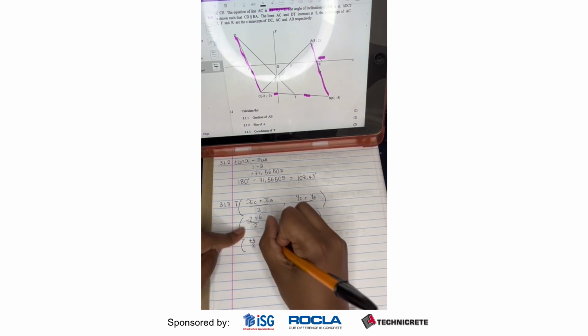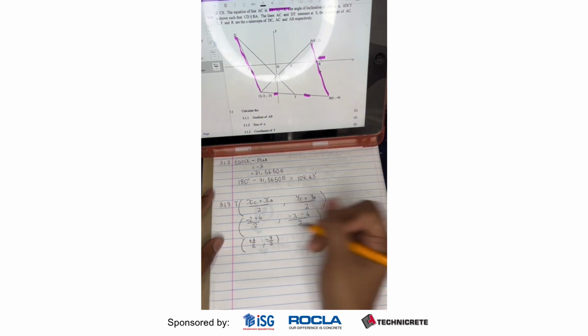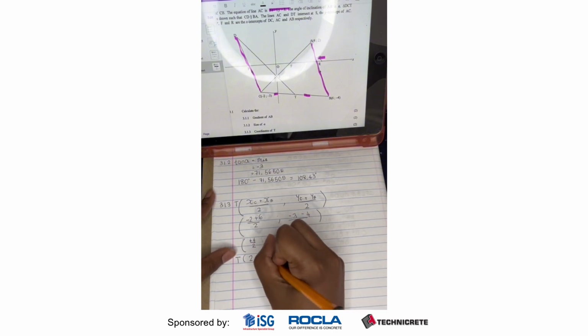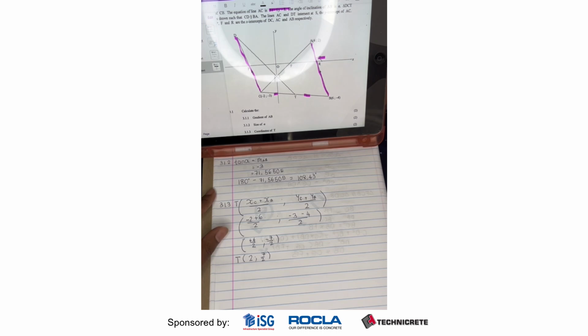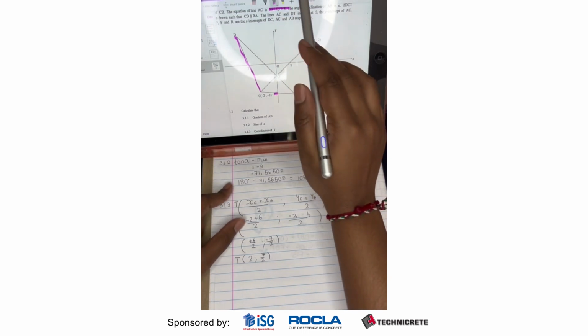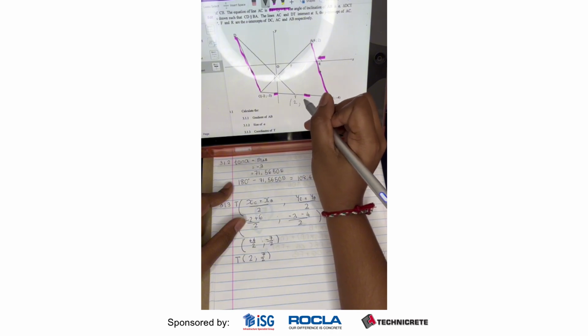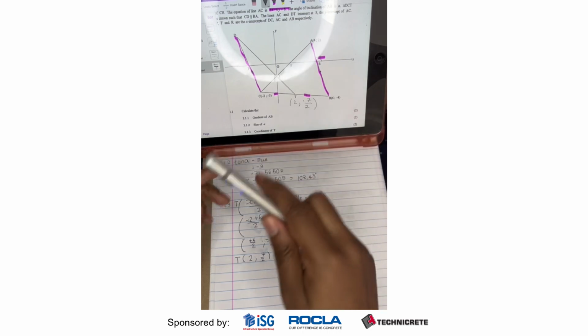And here it's going to be negative 7 over 2. So my final answer, which is my coordinates for T, is going to be (2, -7/2). Okay, let's write that in. So T is (2, -7/2).